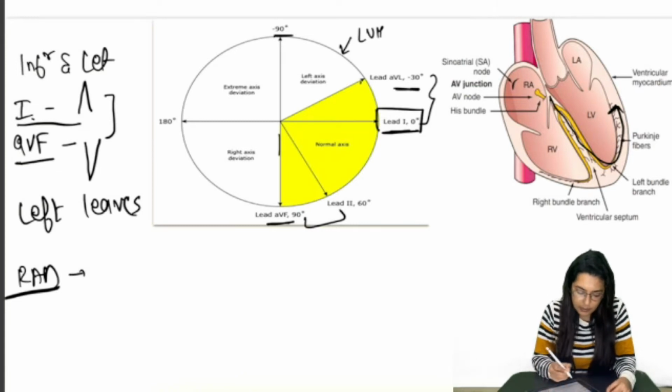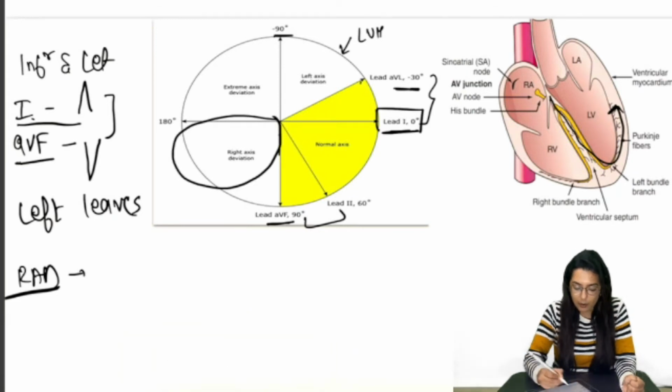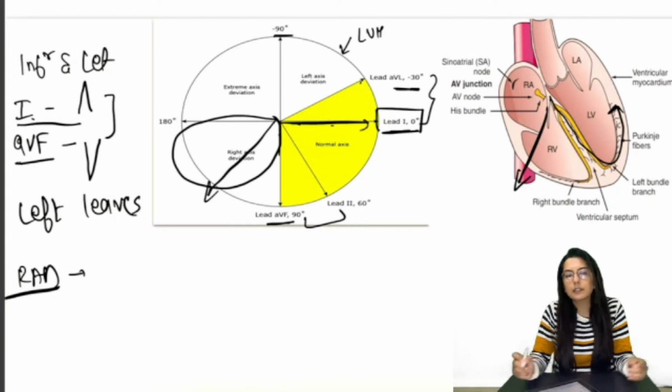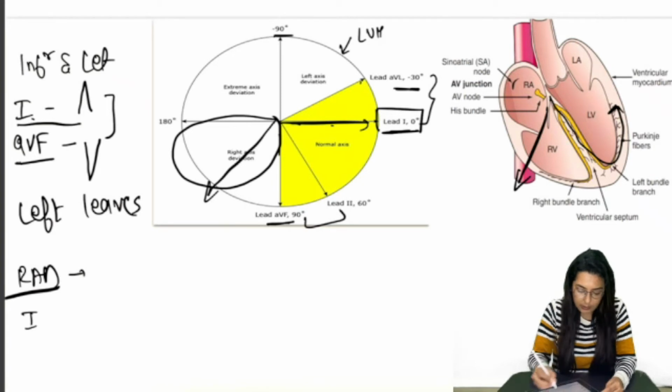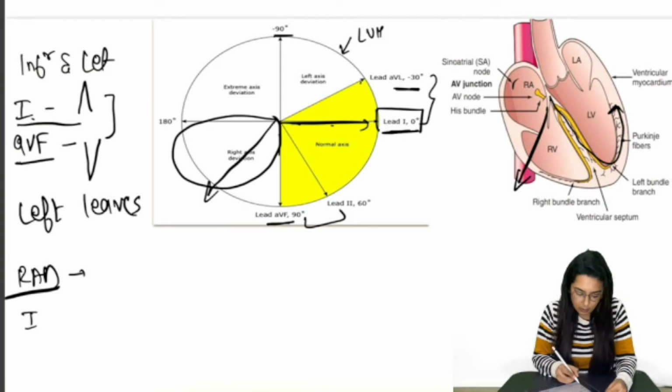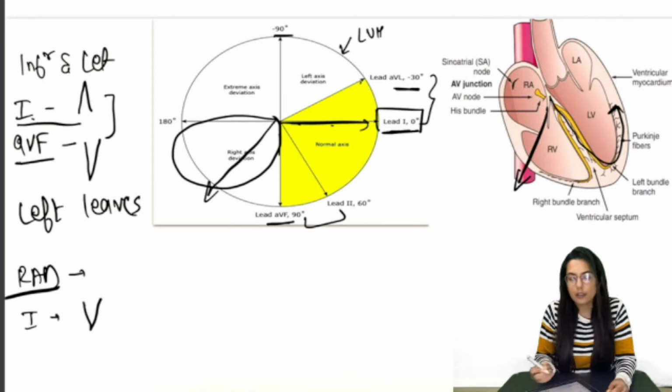So right axis deviation is between 90 degrees and 180 degrees. Now as you can see, for example, this is the direction of the axis of the heart. For this, lead 1 and AVL are on the opposite side, so in lead 1, QRS will be negative.